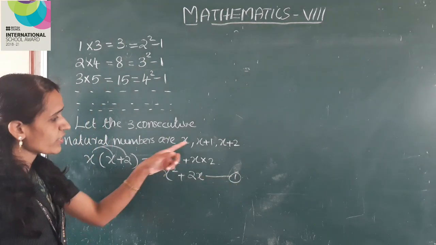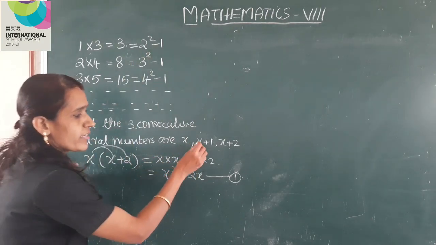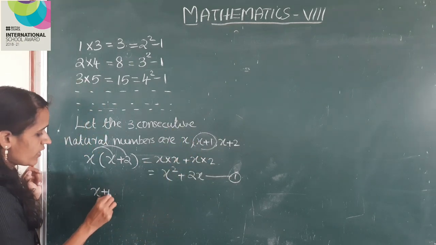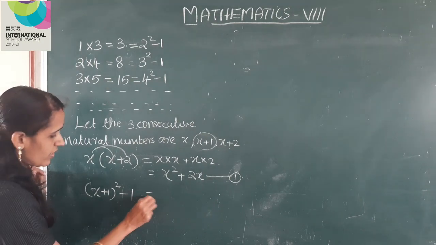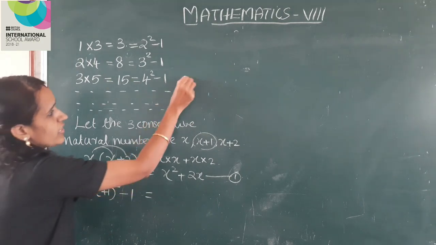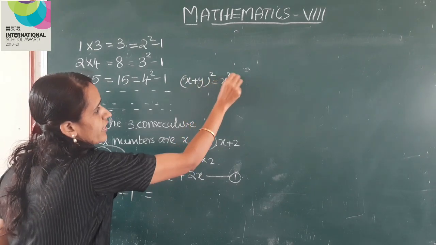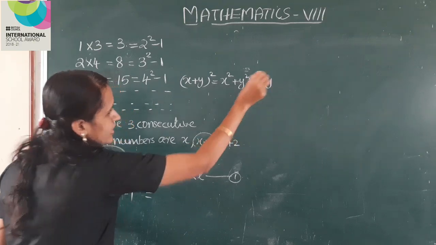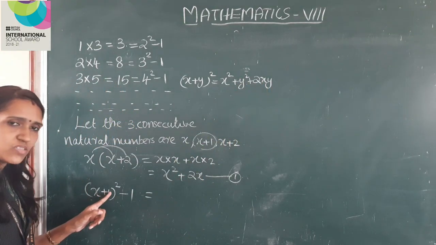Next, square of the middle number minus 1. Here the middle number is x plus 1, so x plus 1 whole square minus 1. Using the identity x plus y whole square is equal to x square plus y square plus 2xy, here x is x and y is 1.